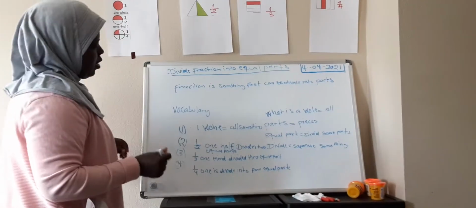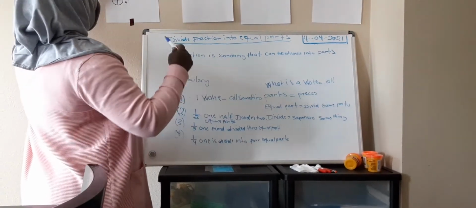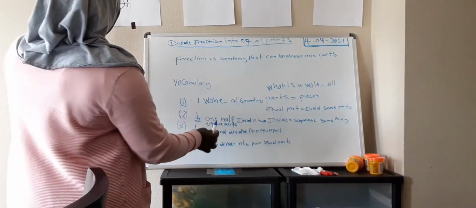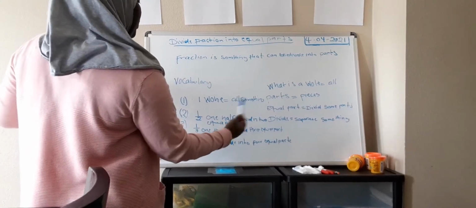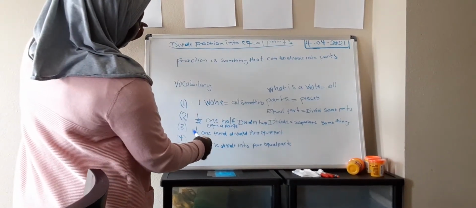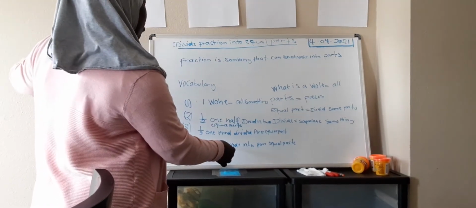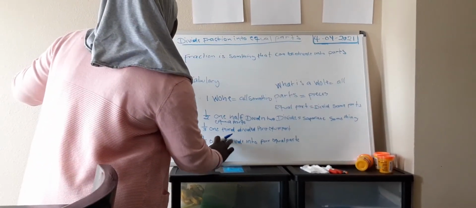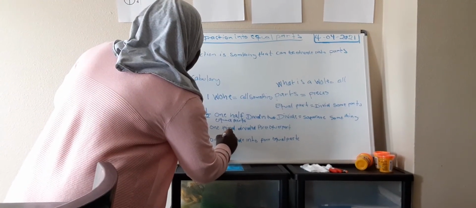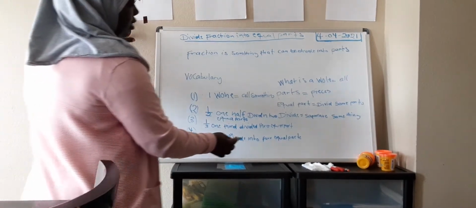Okay, so I hope everybody's been taking the notes. If not, continue to take your notes, okay? So, one whole is all of something. Like this is one whole, it's all of it. So 1/2 is when you divide it into equal parts. Like this one, 1/3 is when it's divided into 3 equal parts, like this one, and 1/4 is when they divide into 4 equal parts.